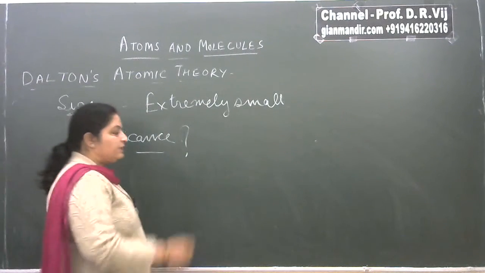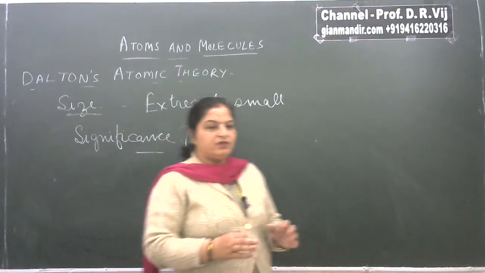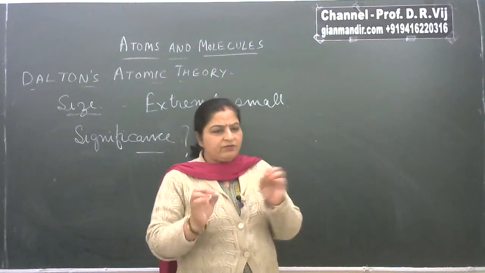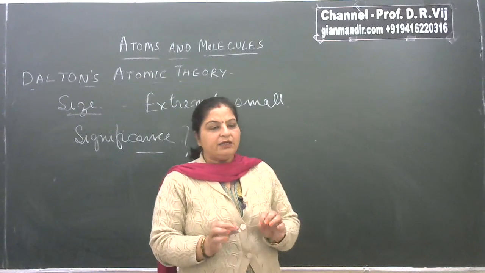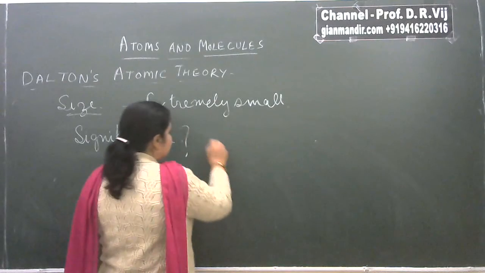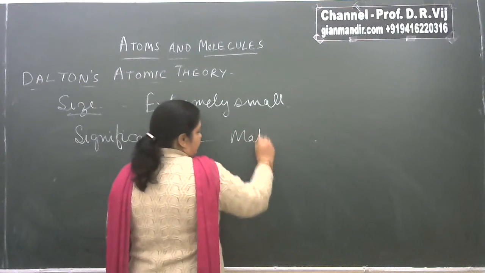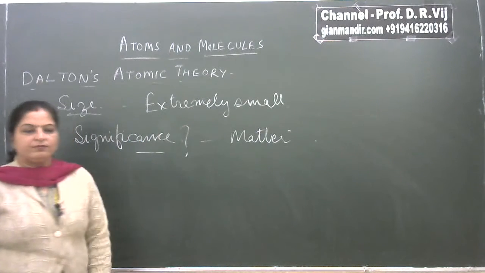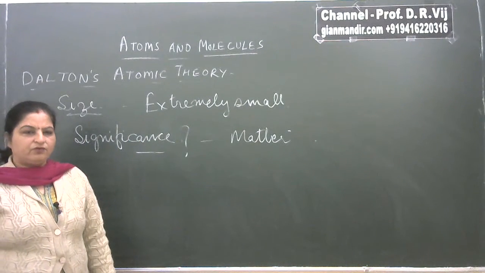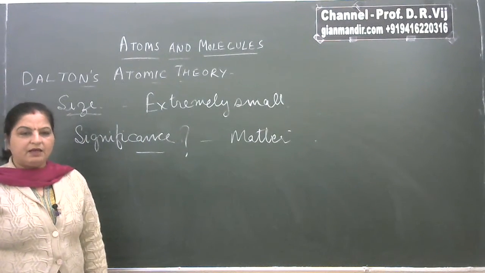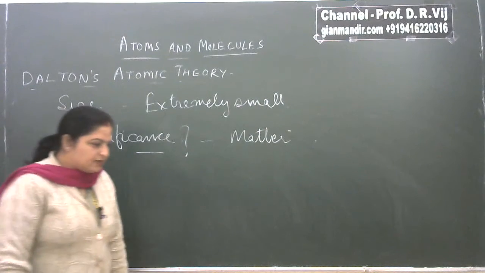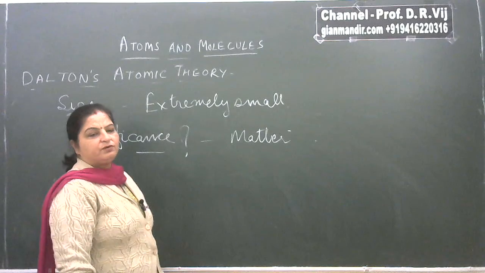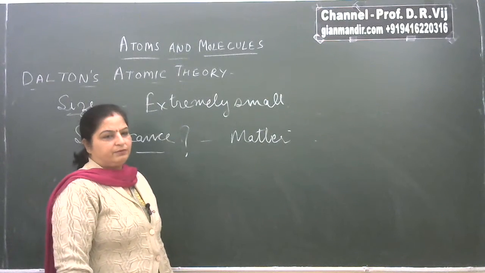Because the variety of matter which we observe around us, whatever you see, any kind of matter, all this matter is made up of these tiny particles of matter, and of course these tiny particles are atoms. So these atoms may combine in different ways to give you different forms of matter.